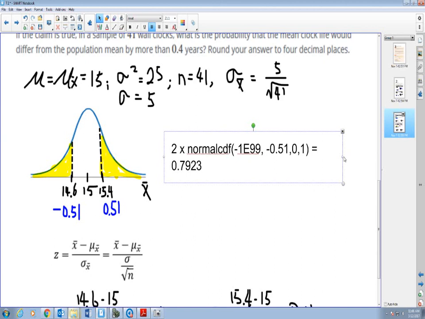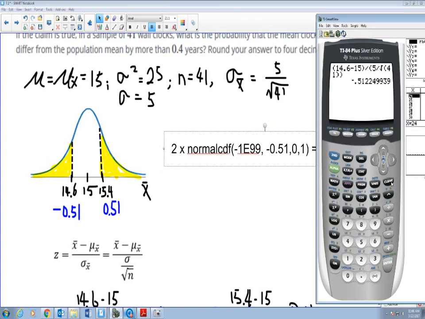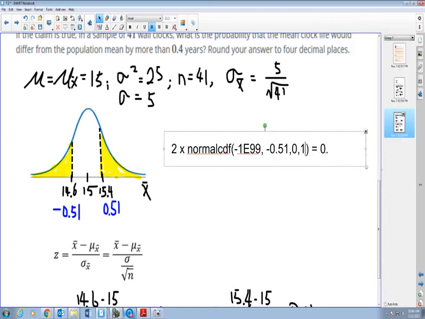That will give me the area of two tails together. So 2 times normalcdf of negative 1e99, comma negative 0.51, comma 0, comma 1. So that'll be 0.6101. Okay, that's the area of the two tails.